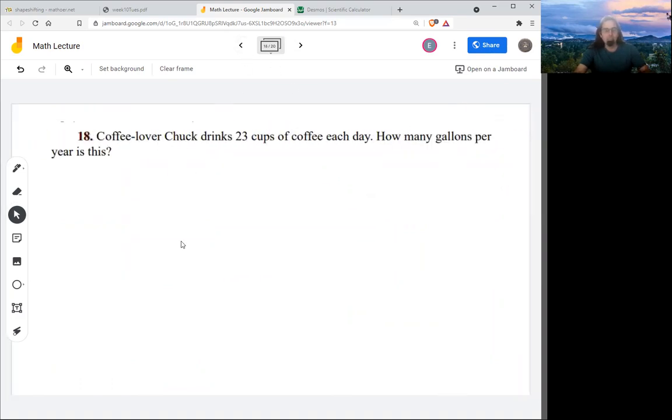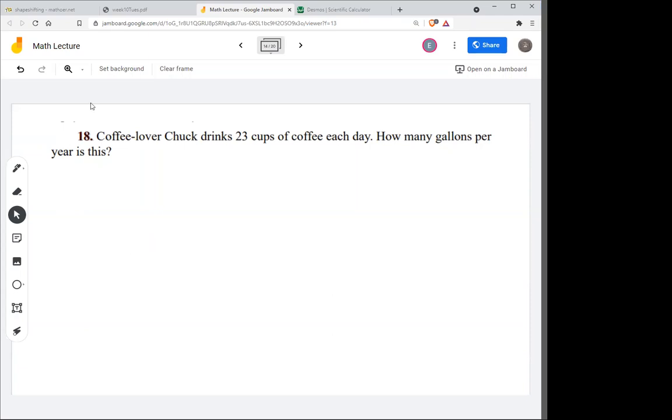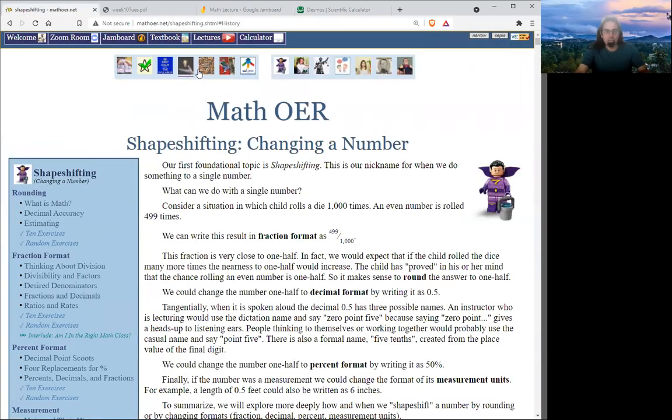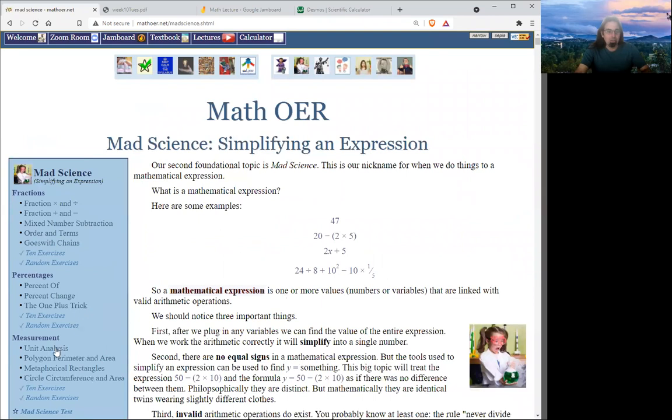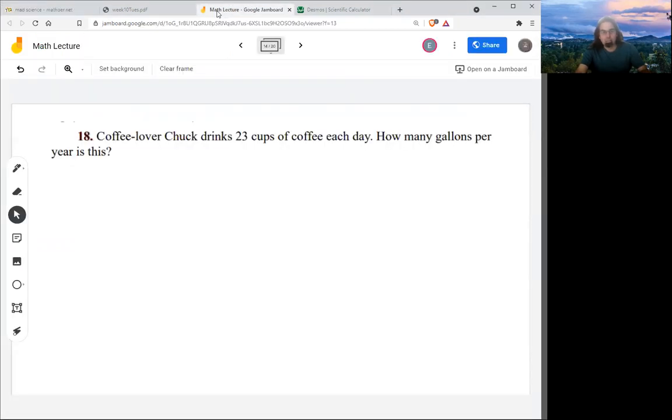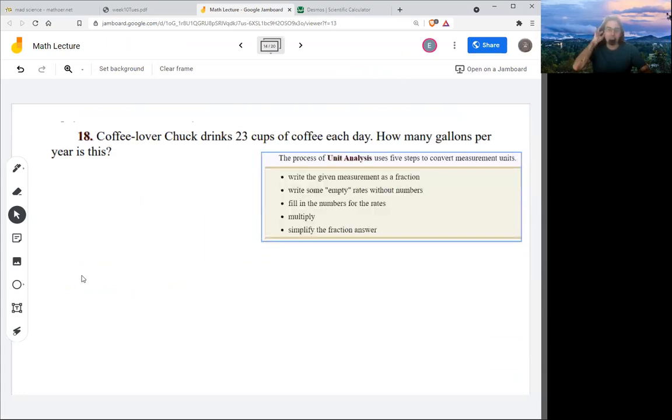Does someone want to lead me through 18, or should I do it? Either way. What if I put the steps on and then somebody narrate to me what to do?